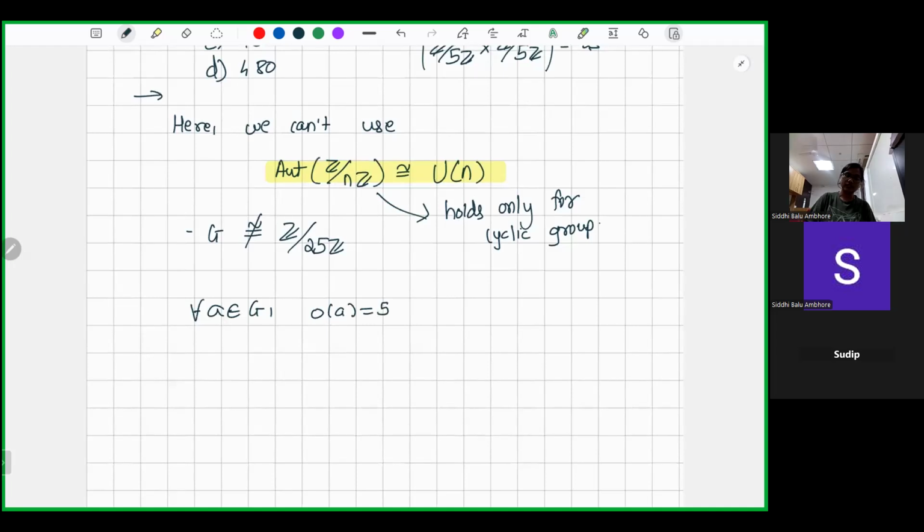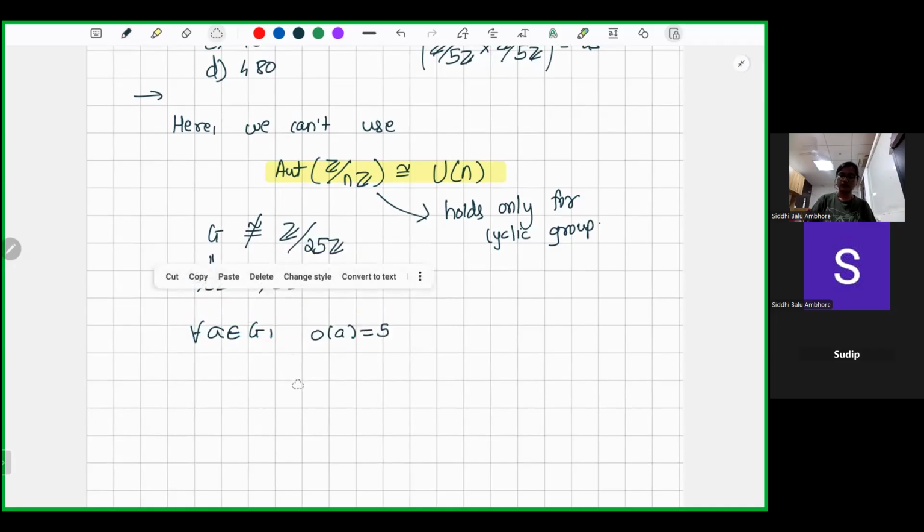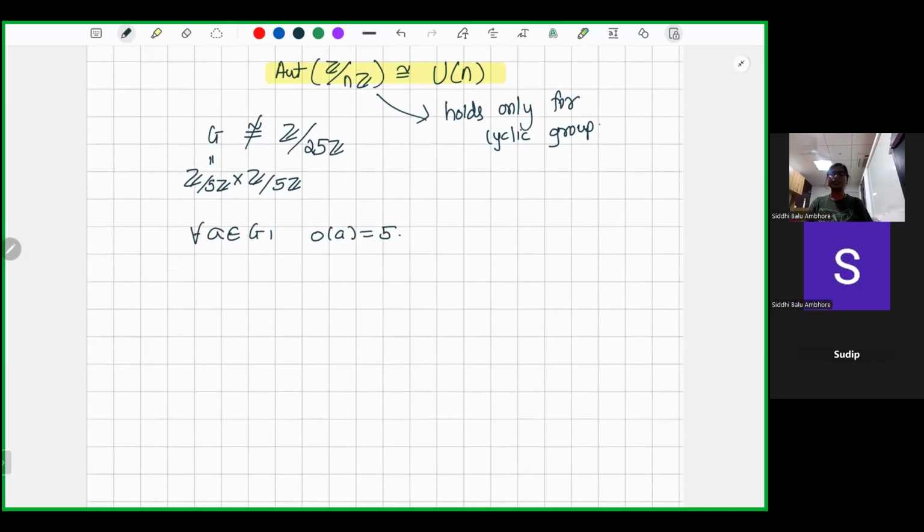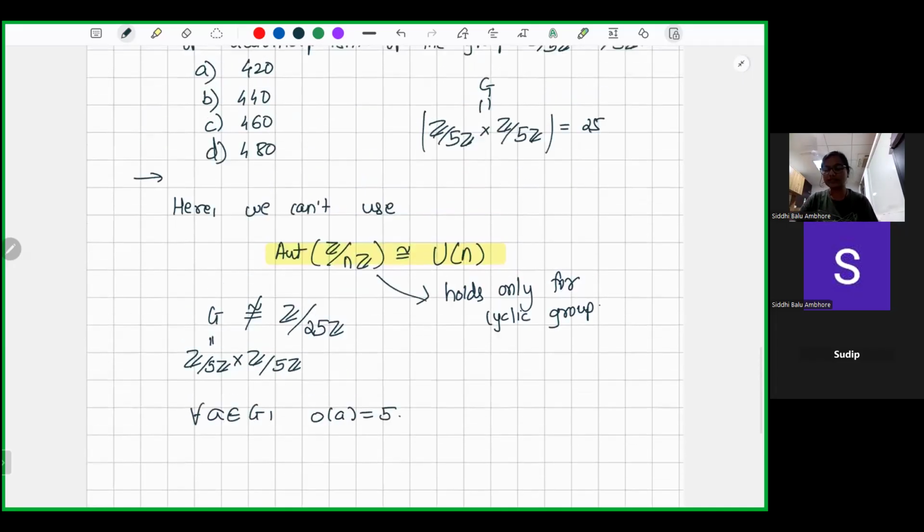This G is Z5Z cross Z5Z. So that's why this is something different.